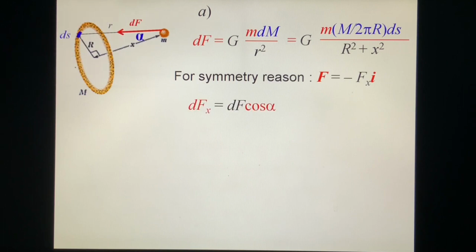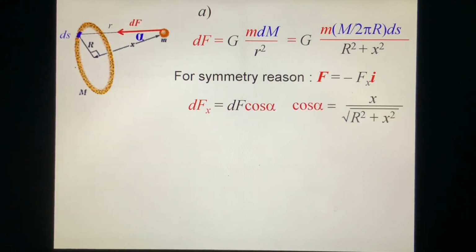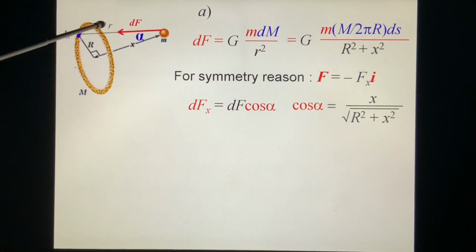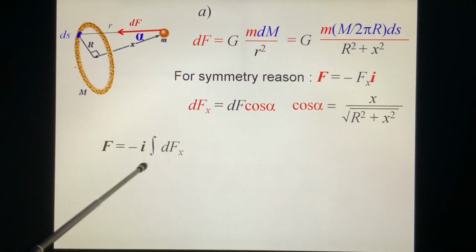So this force Fx equals dF times cosine alpha, and cosine alpha equals x over r, where r equals the square root of R squared plus x squared. Now the total F is the integration of the total Fx, and the direction is minus i.